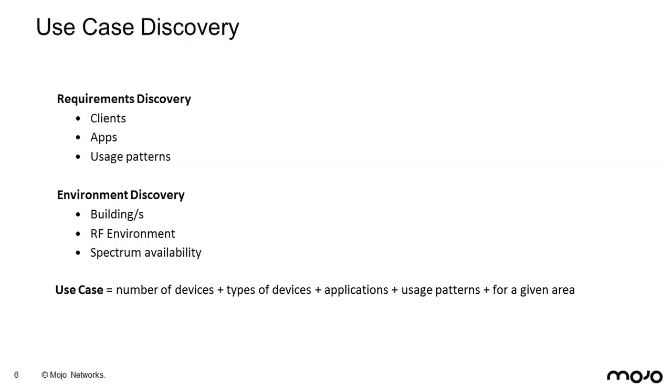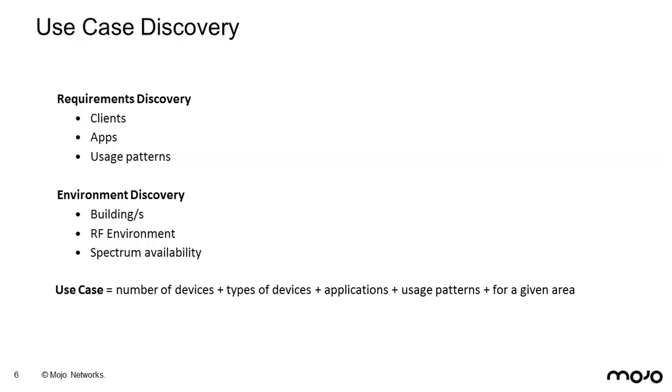And then finally, we talk about a use case. A use case can be defined as the number of devices, plus the types of devices, the applications in use, and the usage patterns. Here we're really concerned about the usage pattern. We're looking for the worst case scenario, because we want to design for it. Remember, we want all devices to work all the time, anywhere.